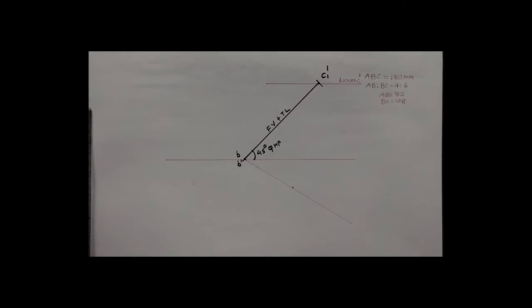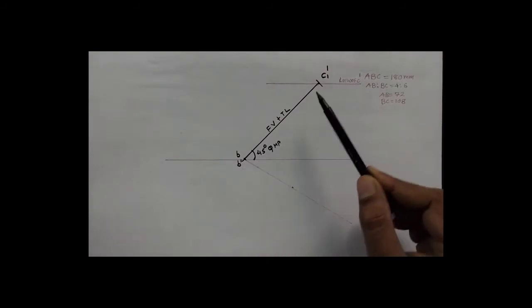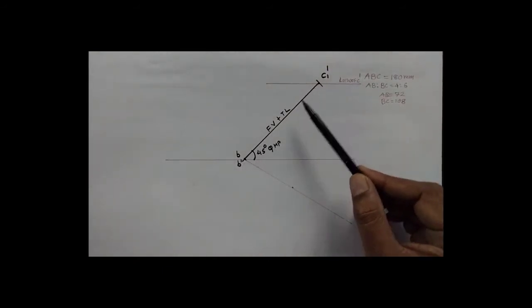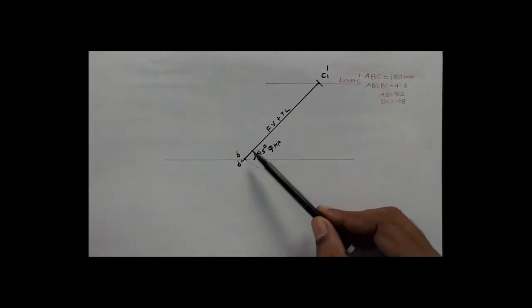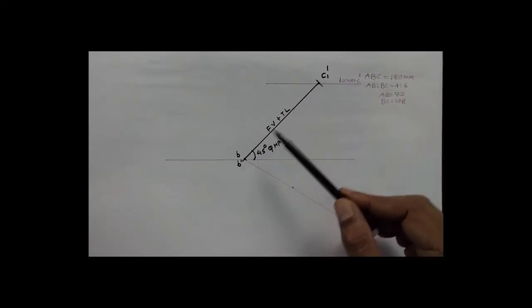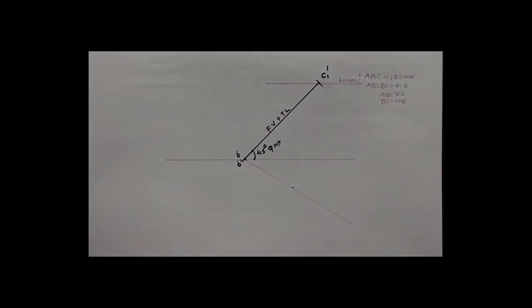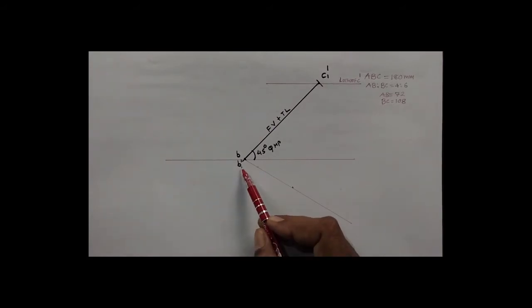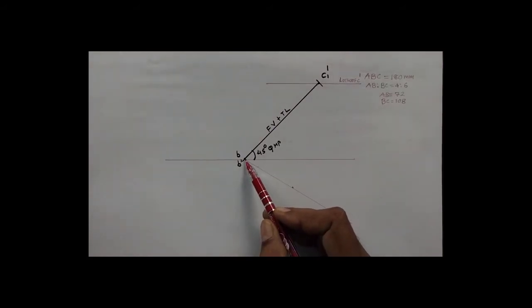Now we know that for a line inclined to HP, its top view is always parallel to the XY line. So my B dash point, its plan point B, is in the same place on XY.